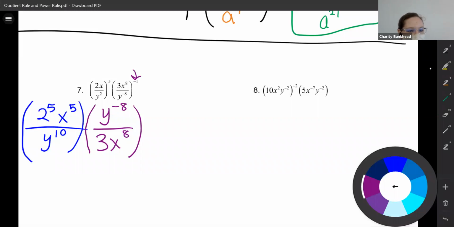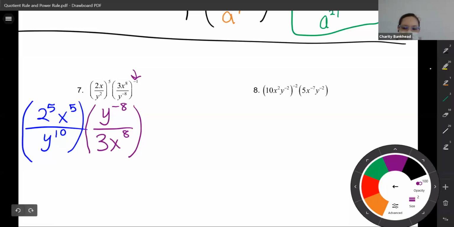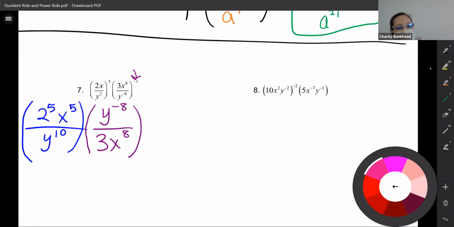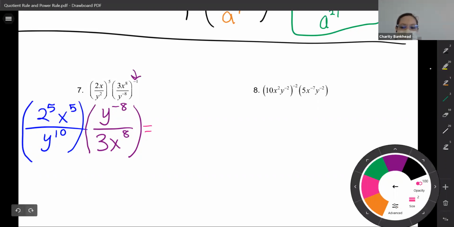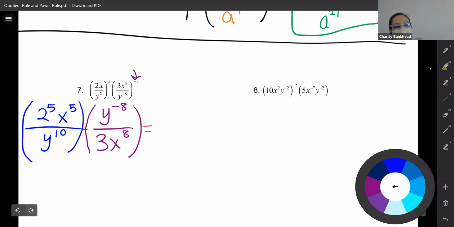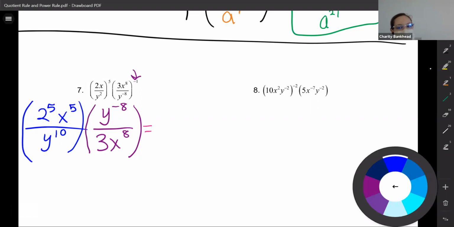Okay, let's see here. I'm going to have 2 to the 5th power, so 2 times 2 is 4, times 2 is 8, times 2 is 16, times 2 is 32. So it's going to be 32.